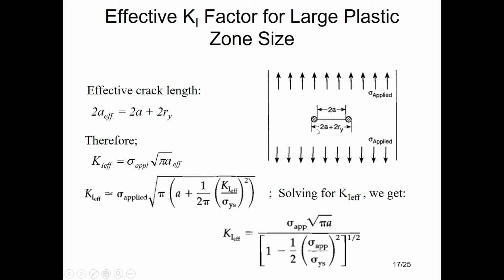Only by doing this will you get 2a effective. Therefore, to calculate the effective stress intensity for the large plastic zone size, you need to use the same formula but replace a with a effective.